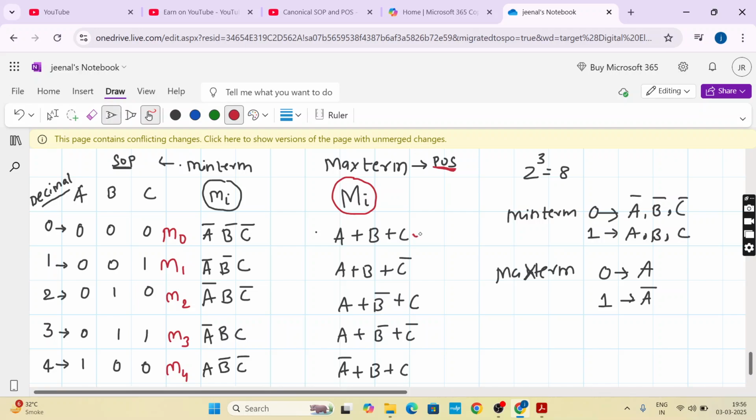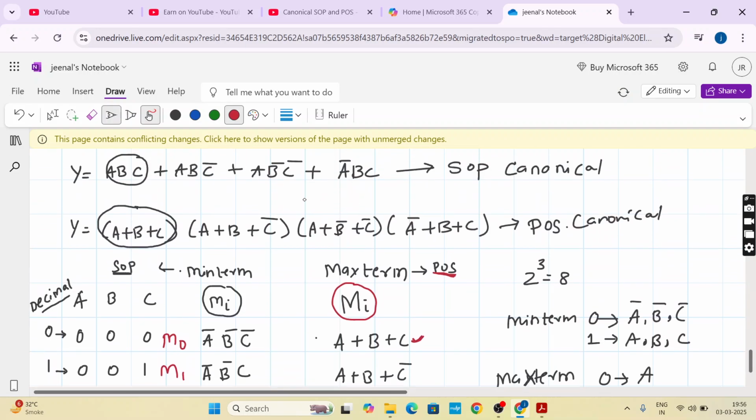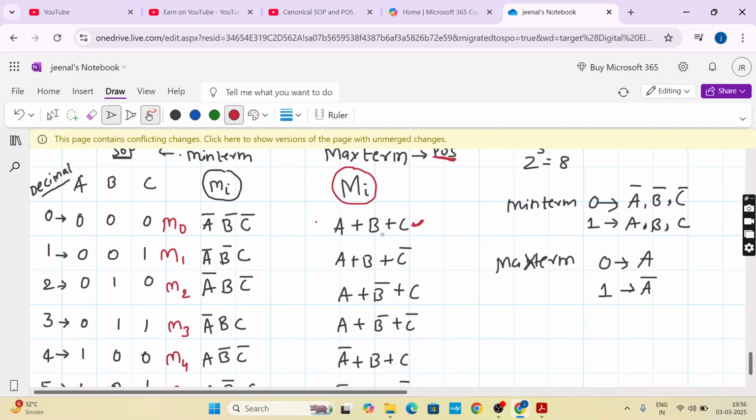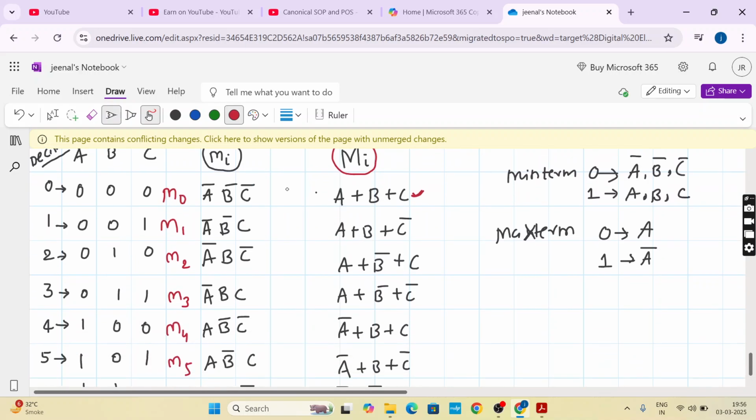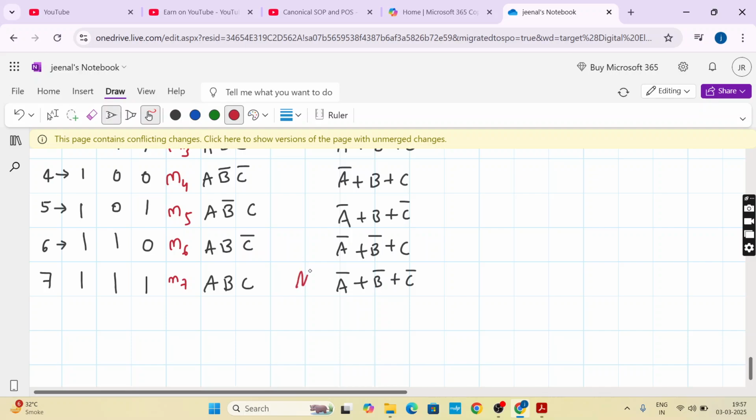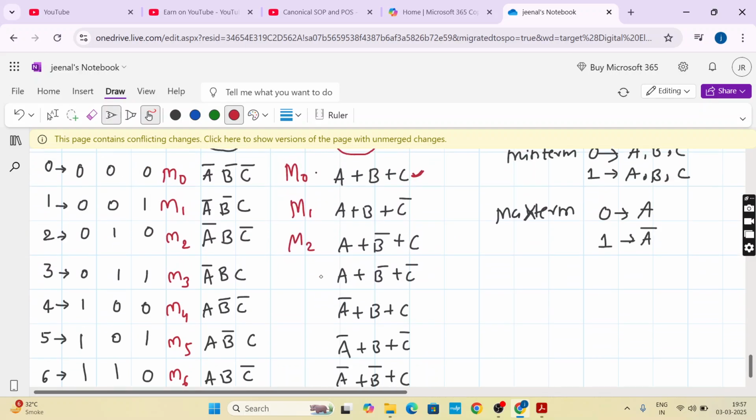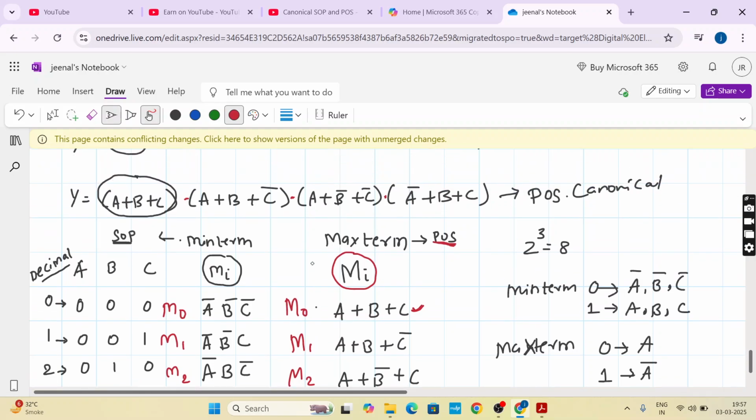That is why we write it in the form of a sum, and then take the product between these sums, and that is how you get this product of sum equation. So for the maxterms, we have capital M suffix 0, capital M suffix 1, capital M suffix 2, and so on. You can continue up to capital M suffix 7. So this is how we write a maxterm.